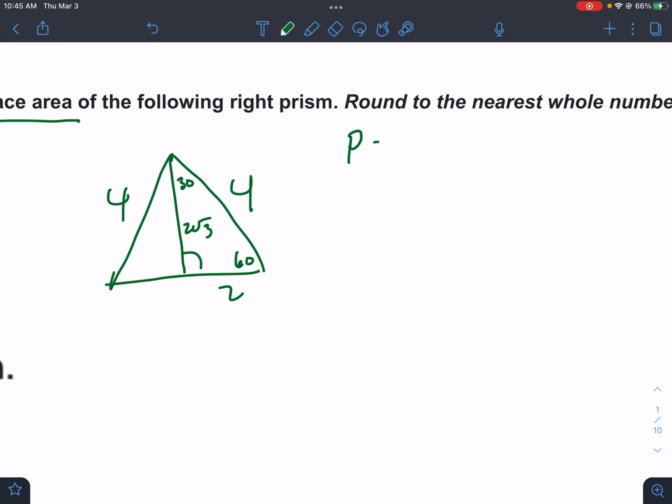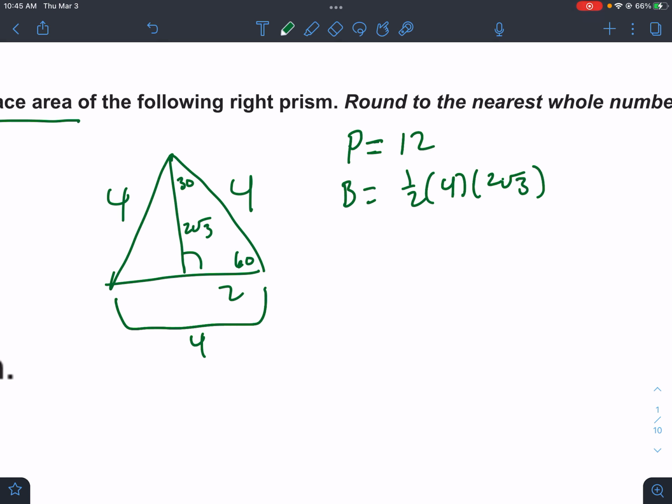So the perimeter would be 4 times 3 is 12. The area would be 1/2 times 4, because that's 4, times 2 root 3. That would be 4 root 3. So the perimeter of the base is 12. The area of the base is 4 root 3.